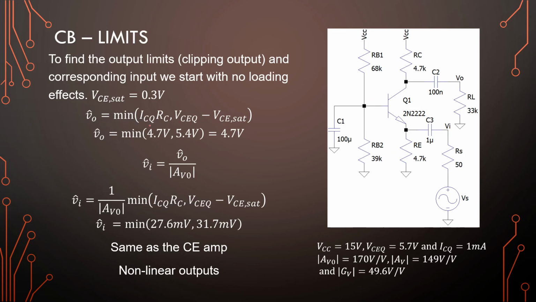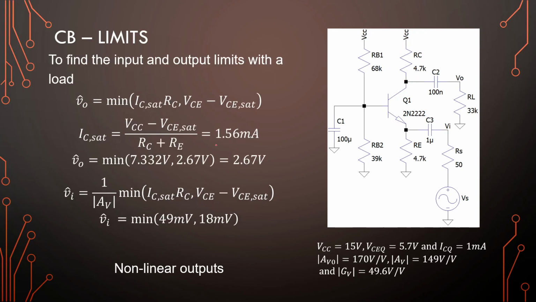Okay, so again our IC, RC and VCEQ, we are looking for the swing over these components. Okay, so we get the same values, 4.7 volts being our minimum. Dividing by the maximum gain, we end up with 27.6 and 31.7, exactly the same as the common emitter amplifier. Okay, so up to this point, nothing has changed in the common base.